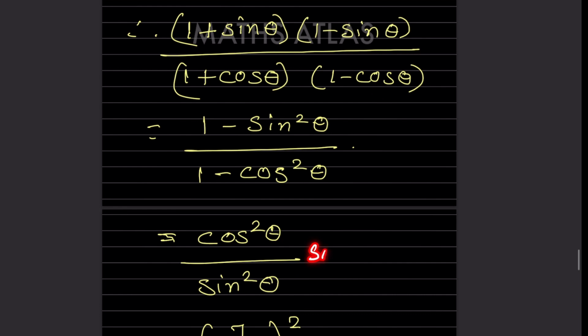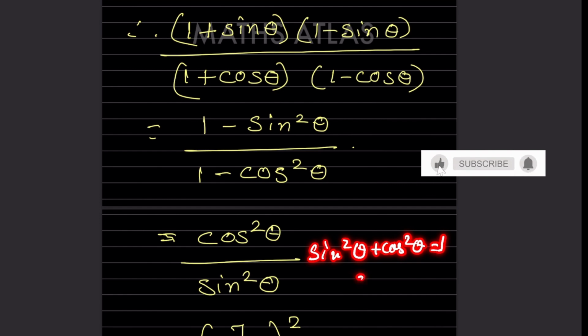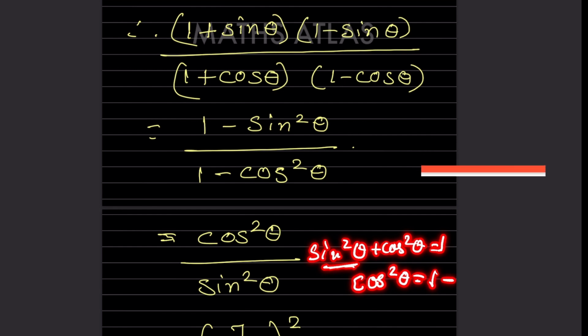So again I'll write it, sine square theta plus cos square theta is 1. So what we can do here, cos square theta will be 1, and if sine square theta goes on the right hand side, that is going to be minus, because this is already plus here. So 1 minus sine square theta. Hope you got it. From this identity, the first identity is sine square theta plus cos square theta is equal to 1. So if I rearrange that, cos square theta will be 1 minus sine square theta.